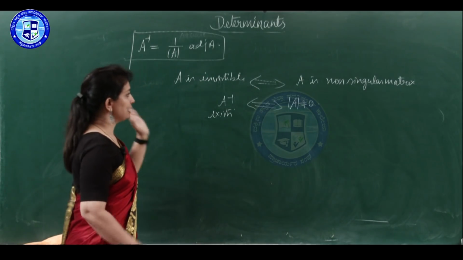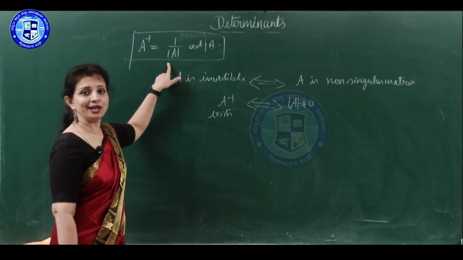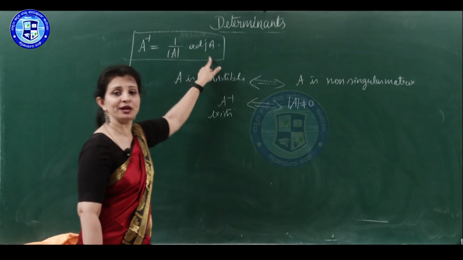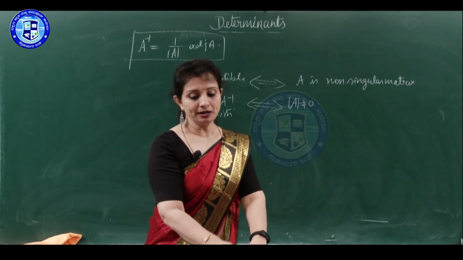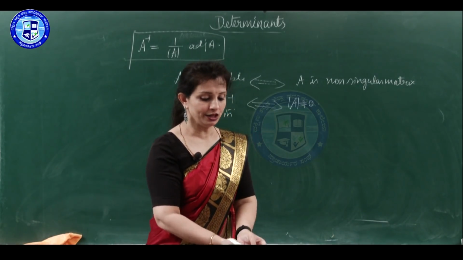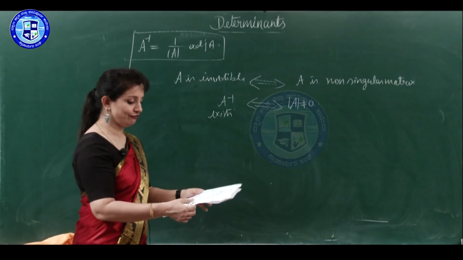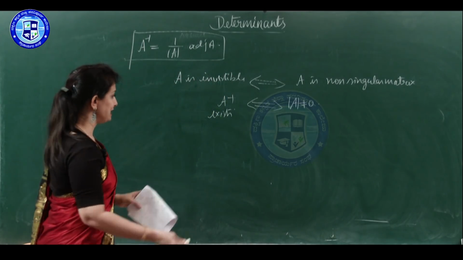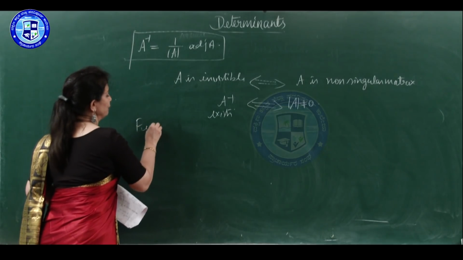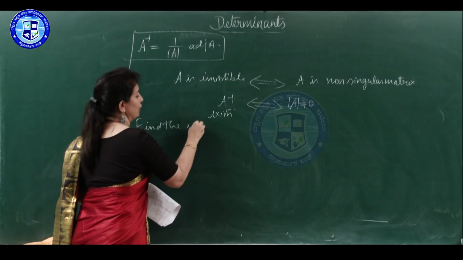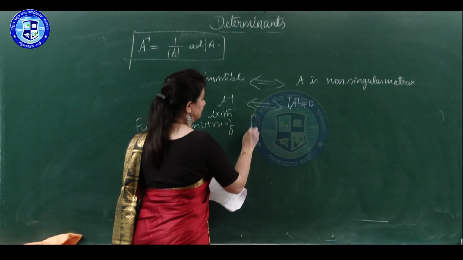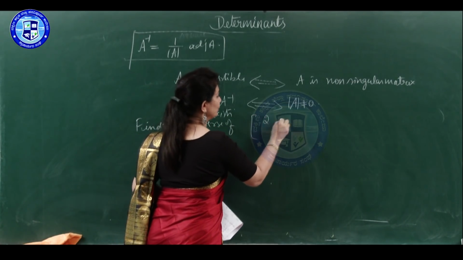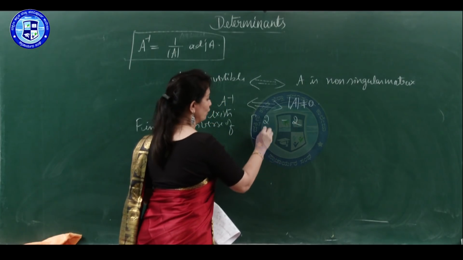Now, based on this formula, A inverse is equal to 1 by determinant A into adjoint A, we can solve a few problems. Look at this: if the given matrix is of order 2, first we will find its inverse. Find the inverse of the square matrix 2, -2, 4, 3.